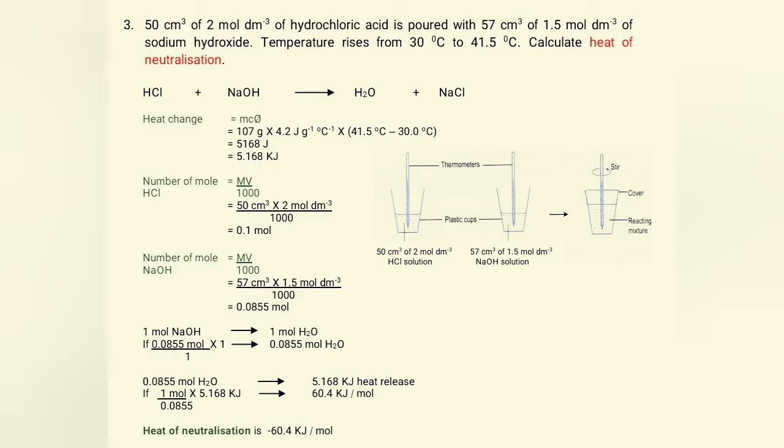From the calculation, the smallest number of moles is the number of moles of sodium hydroxide, 0.0855 mole. So we use the number of moles of sodium hydroxide solution in the proportion to get the number of moles of water produced.